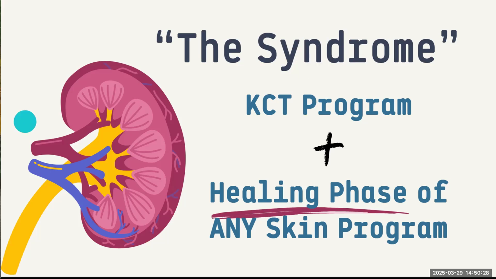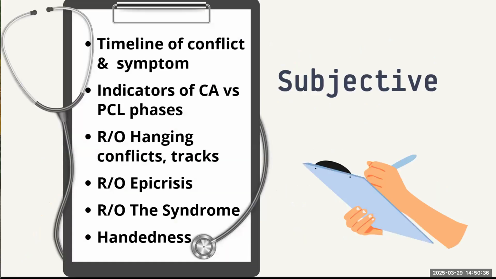I hope you remember those. So look at that, see if there's a rule out. RO is rule out. Rule out hanging conflicts, rule out epicrisis, rule out the syndrome, and know the handedness before you can even tackle the case. Again, get your bearings, see where you are in the forest.